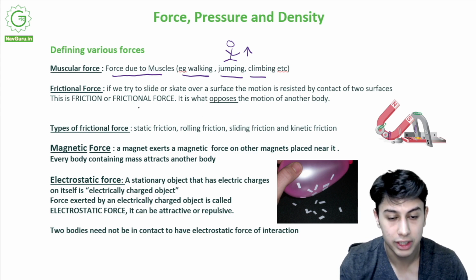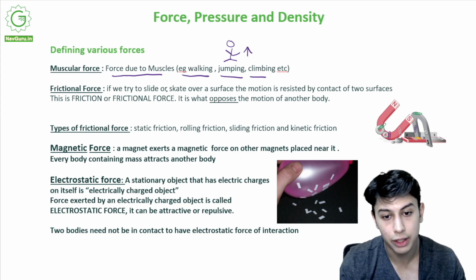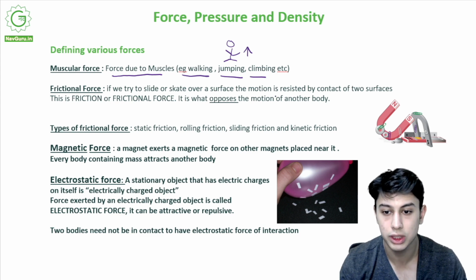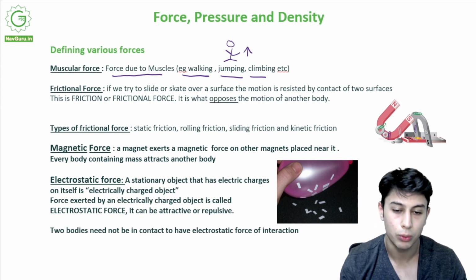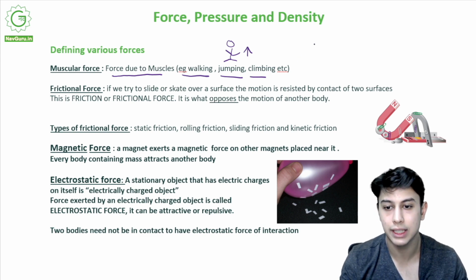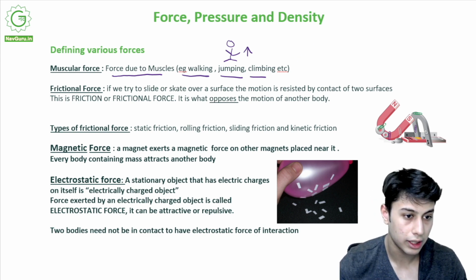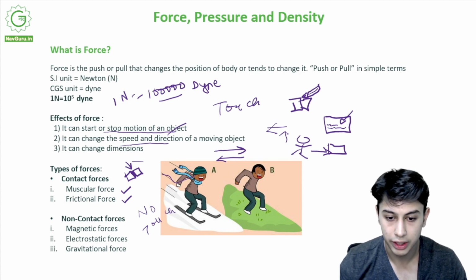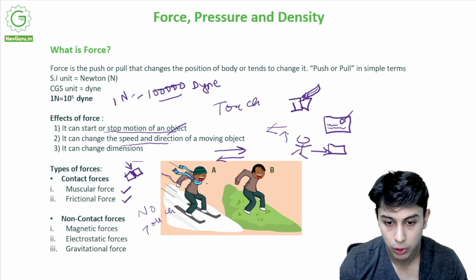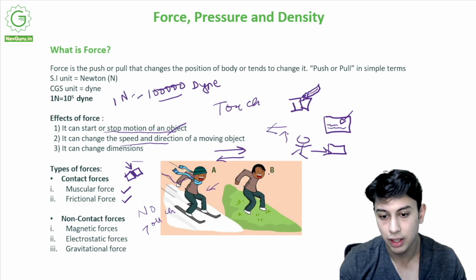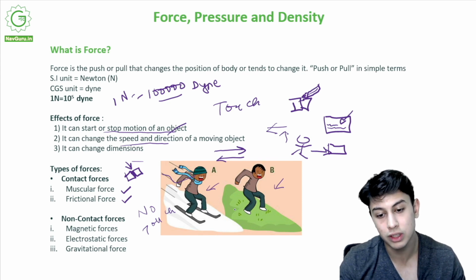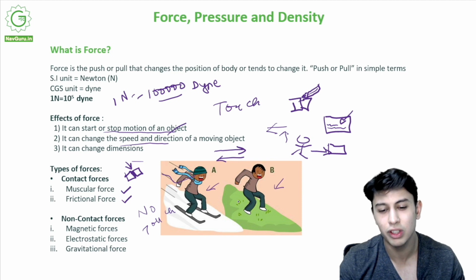Okay, a frictional force. If we try to slide or skate over a surface, the motion is resisted by contact. What that means is, supposedly over here, you can see this one is skiing, and this one is standing on the grass. Although they are both trying to slide, one will slide more easily, one will not slide.